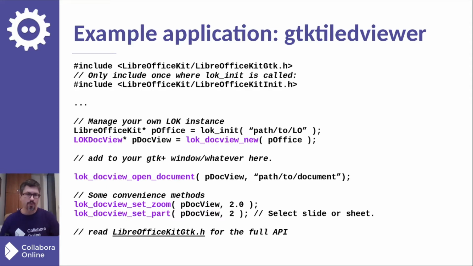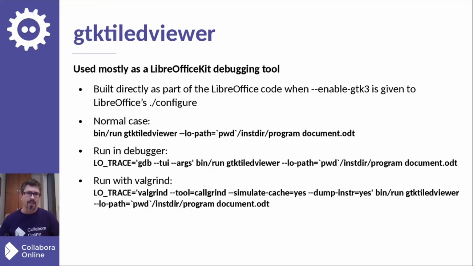So very straightforward. The gtktiledviewer is more of a debugging application. It is mostly used when there is something new being developed for the LibreOfficeKit, as a reference that is easier to debug.